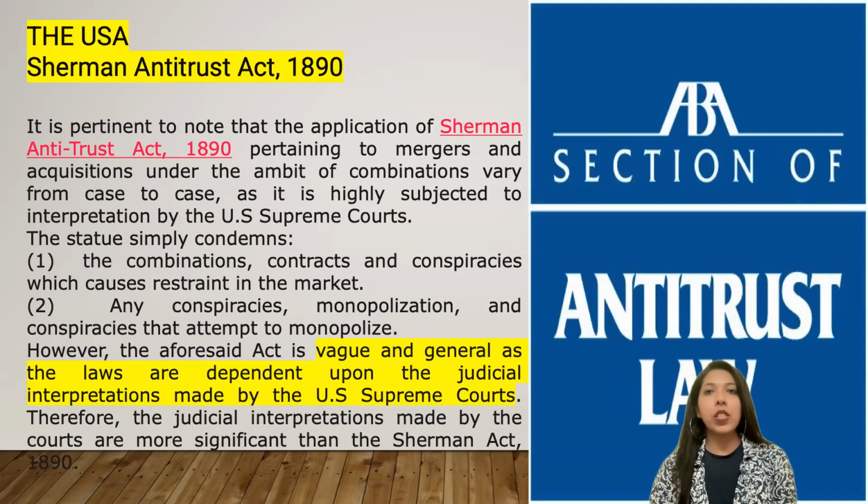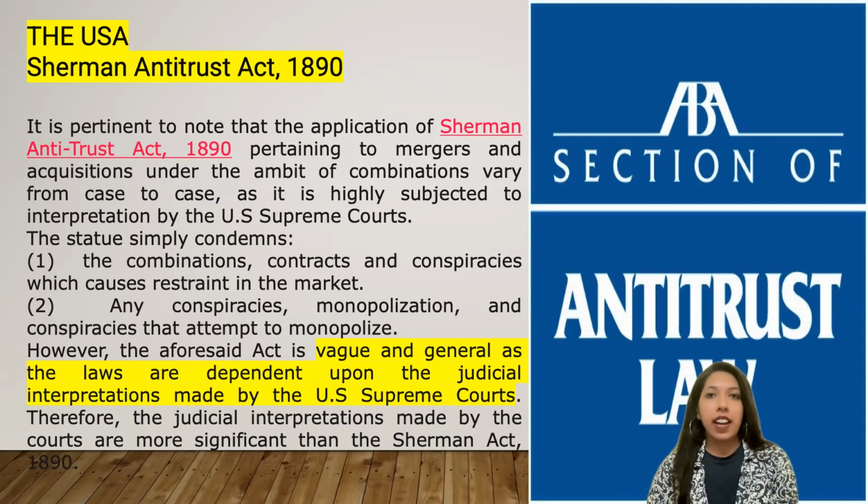Now I'm going to speak about the foreign antitrust regulators on such combinations. First, I'm going to discuss the USA: which acts regulate combination. The first one is the Sherman Antitrust Act of 1890, a very old act which speaks about combination.